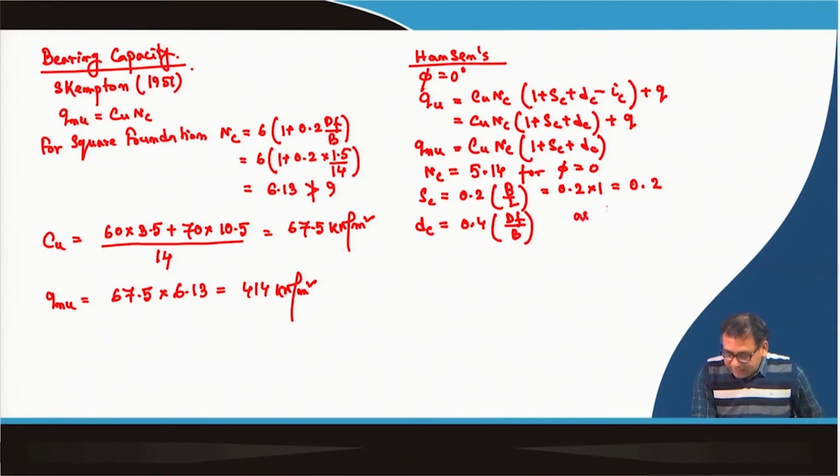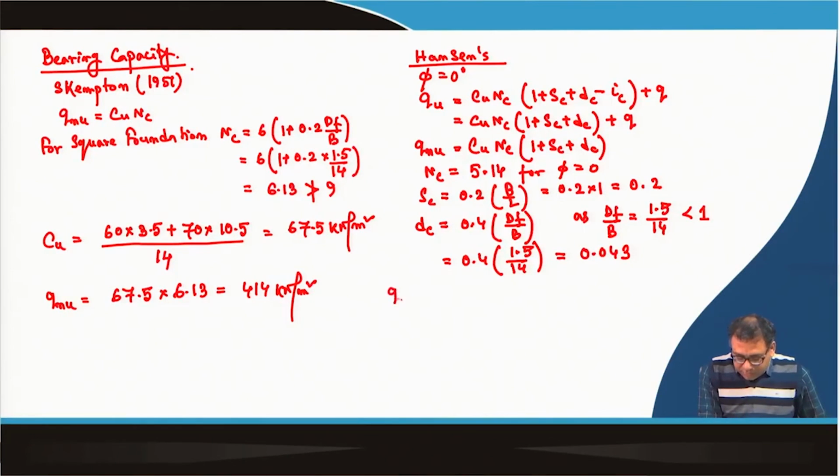Now, depth factor Dc is 0.4 Df by B, because Df by B is equal to 1.5 divided by 14, so it is less than 1. So, we have to use this correlation. That is 0.4, Df is 1.5, B is 14. So, this is 0.043.